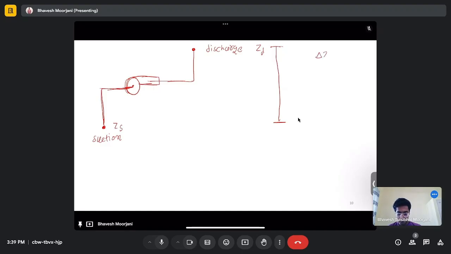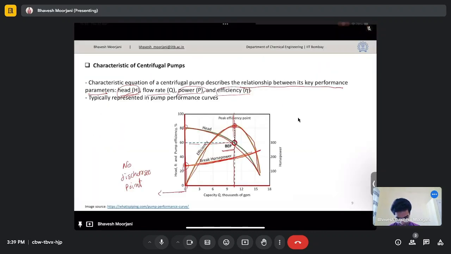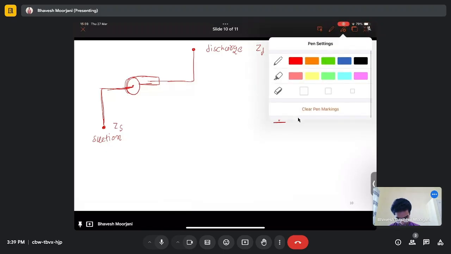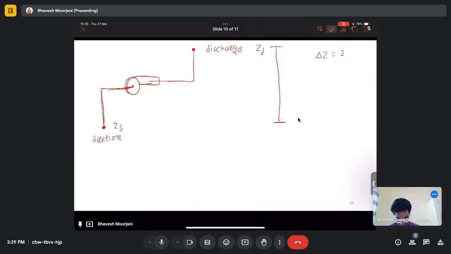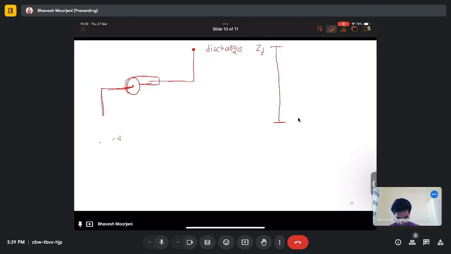So the head elevation that the pump has to gain is generally given as Zd minus Zs. Delta Z is equal to Zd minus Zs.